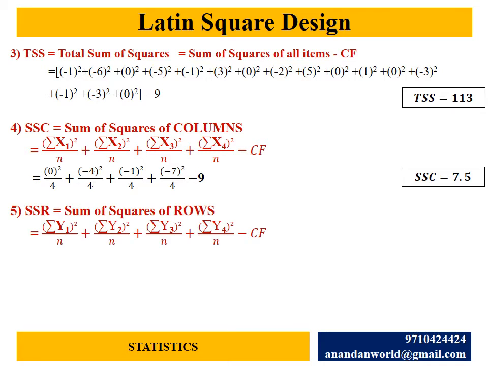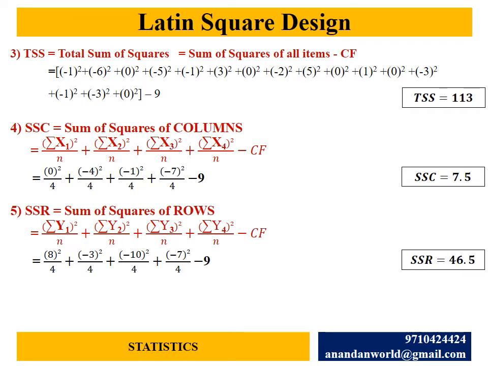Then we find SSR, the sum of squares between the rows. For this we calculate the value from the squares of the sums along the rows divided by the number of items minus the correction factor, which equals 46.5.